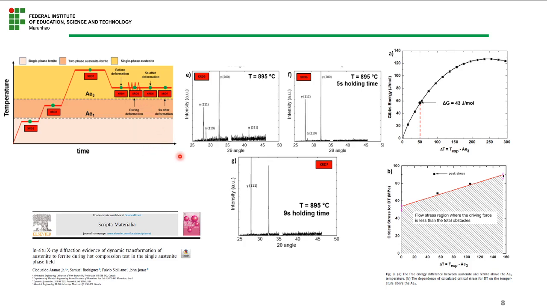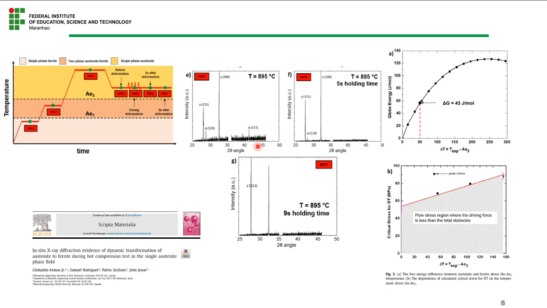As you can see here, at the tested temperature we detected some peaks of ferrite in the plane 110, which was also present with the austenite phase field, and also some other austenite peaks, and the 211 peak appeared during the compression test.